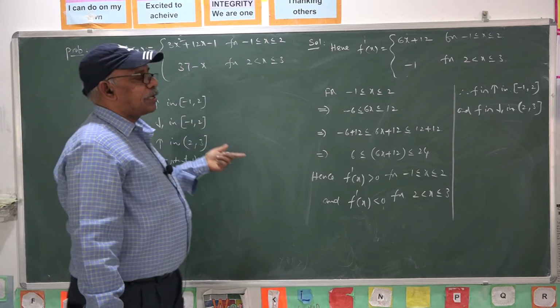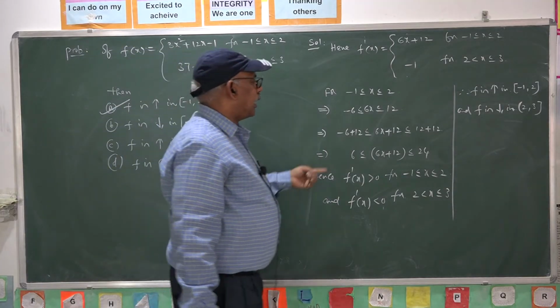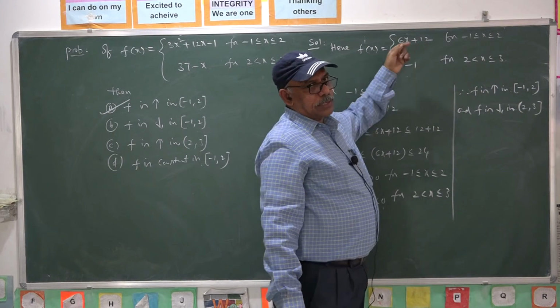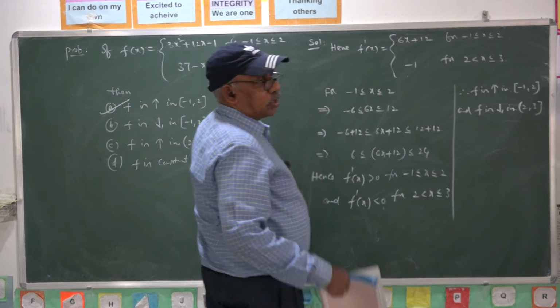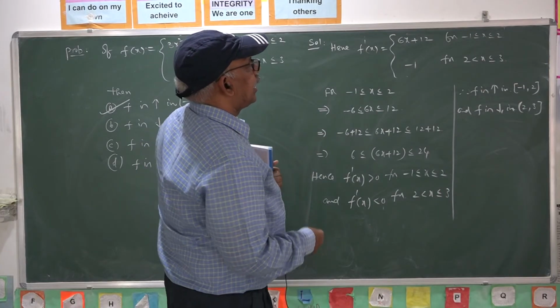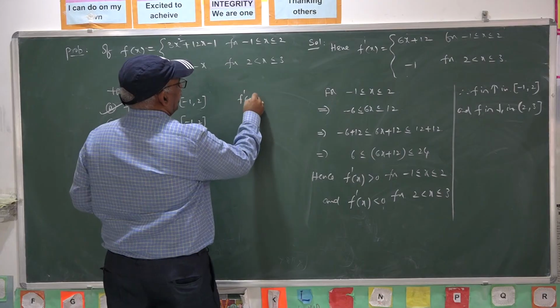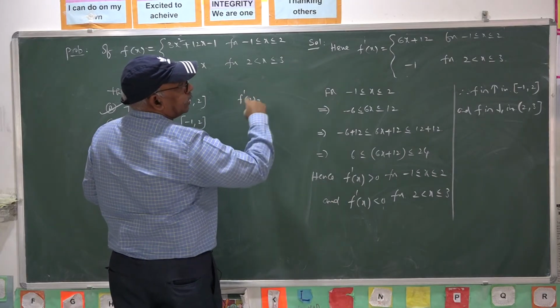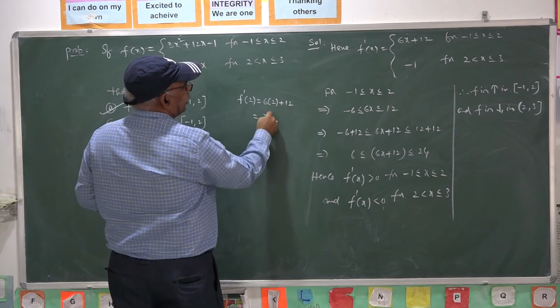What is the stationary point in this case? Clearly, at x equal to 2, let us consider whether the first derivative exists or not. F dash of 2 is here 6 into 2 plus 12, that is 24.